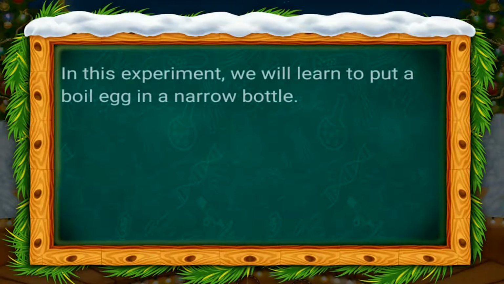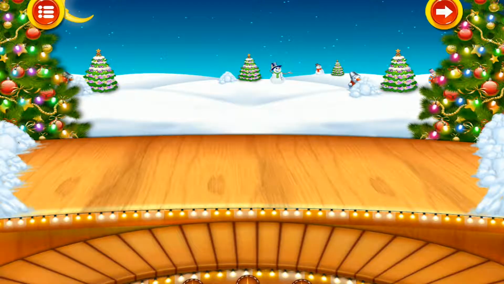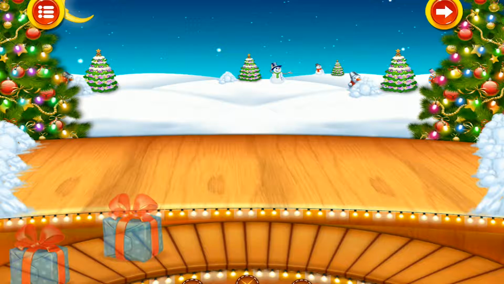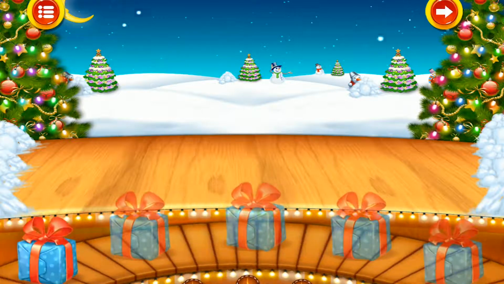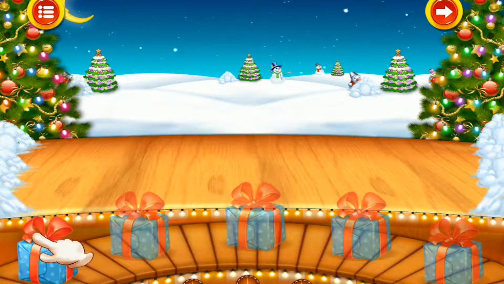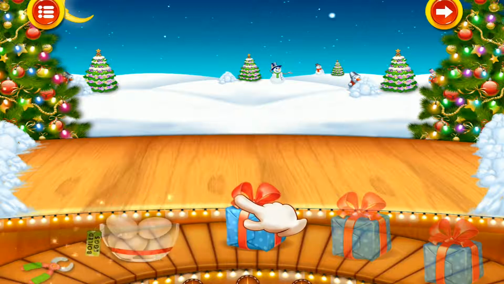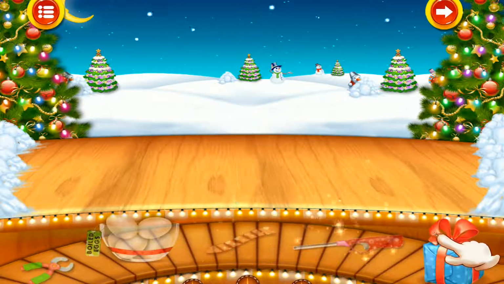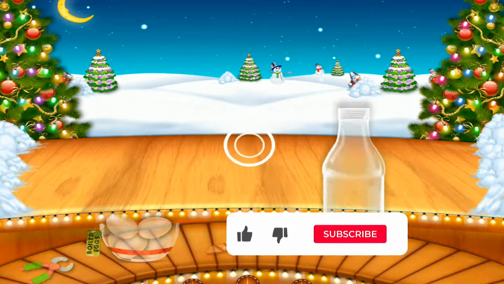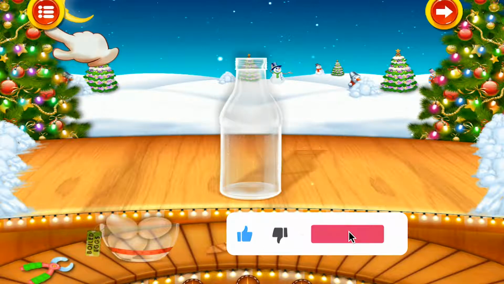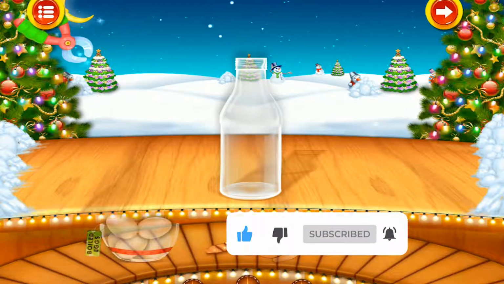In this experiment, we will learn to put a boiled egg in a narrow bottle. Place the bottle with the net. Place the pair of tongs. Hold the piece of thread with the tongs.